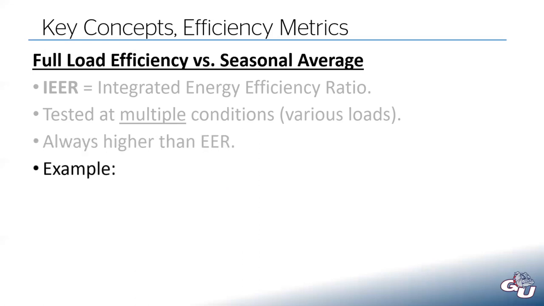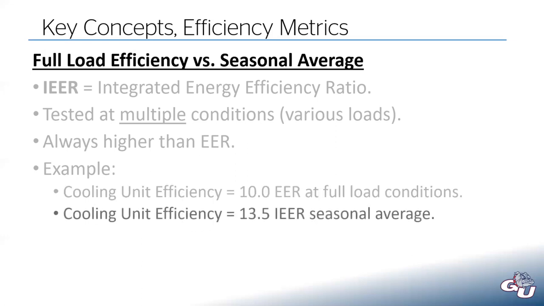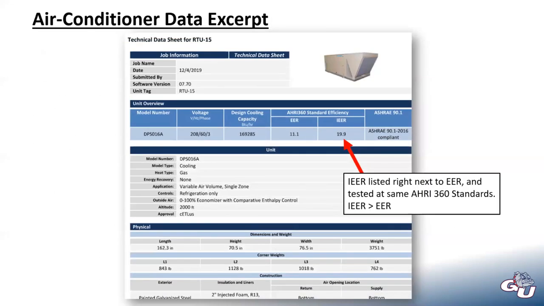So as an example, you could have a cooling unit, air conditioner, that has a 10.0 EER at full load conditions, but it could have a 13.5 IEER seasonal average. And so the average seasonal efficiency is going to be better than the full load conditions. Looking back at that same selection we had before, the EER is 11.1, and then right next to it is the IEER.